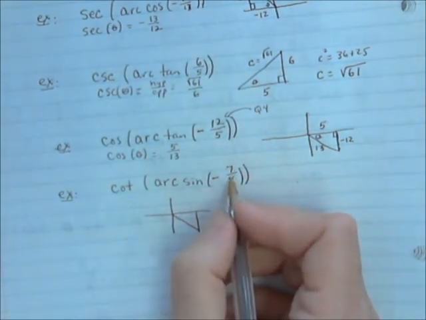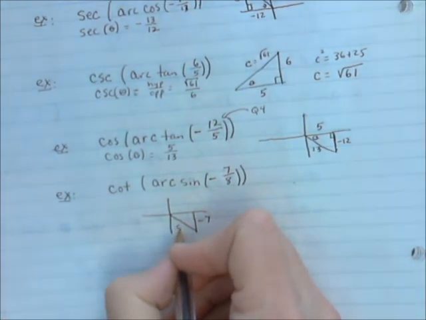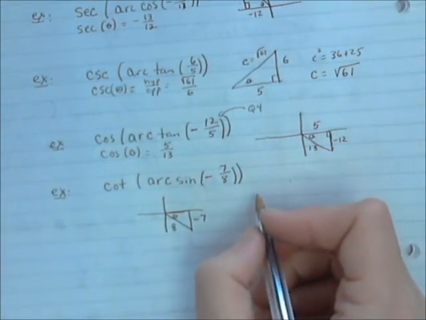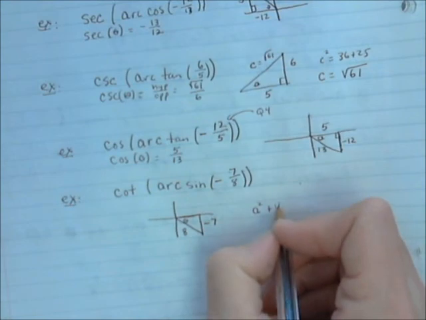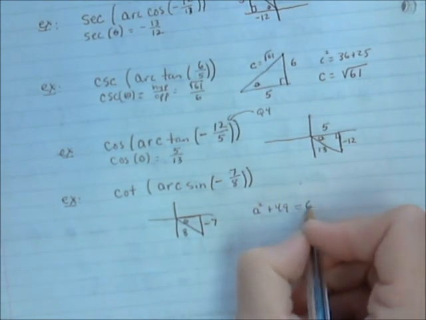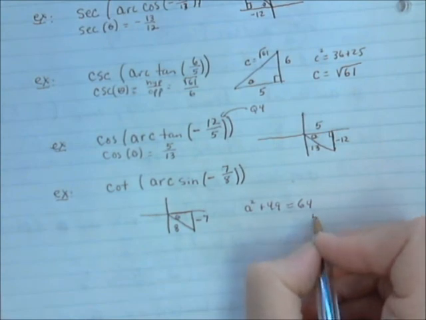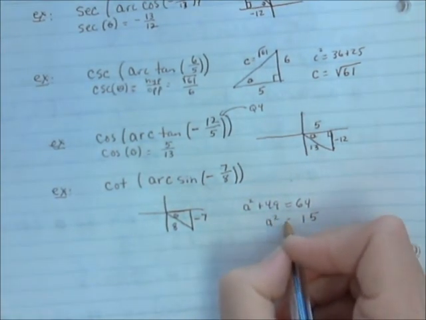Sine is opposite over hypotenuse, so the opposite is -7 and the hypotenuse is 8. And so we have to find this adjacent side here. So we can say a squared plus 49 is equal to 64. So a squared is equal to 15.